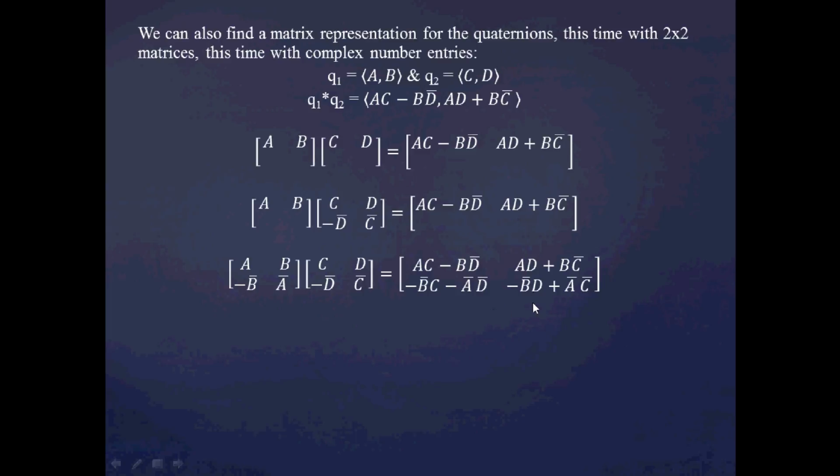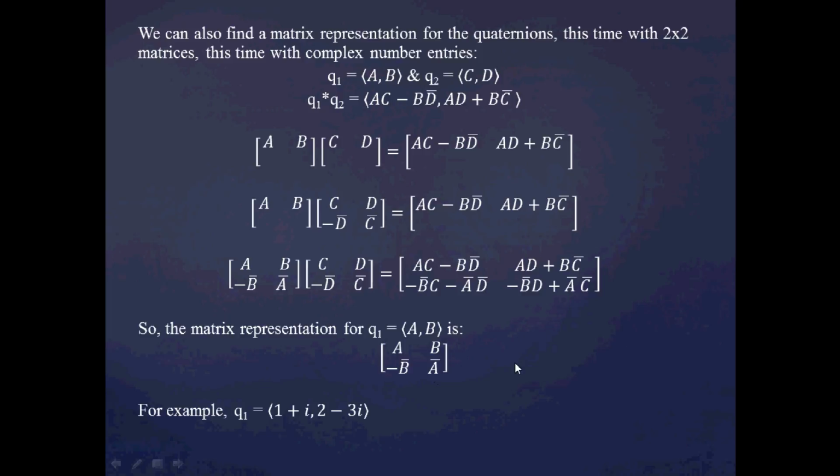So the forms of these matrices are going to be in the following way. The matrix representation for the quaternion A, B is going to be given by A, B, minus B bar, A bar. For example, if I had this quaternion 1 plus i, 2 minus 3i, I plop the 2 components in the first row there, just 1 plus i, 2 minus 3i.